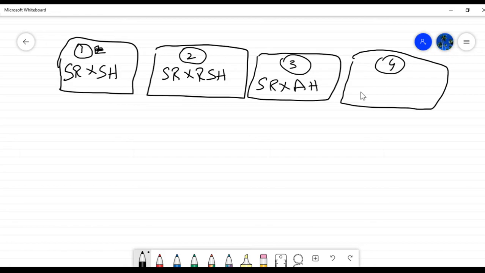Okay, so this is the fundamental formula.